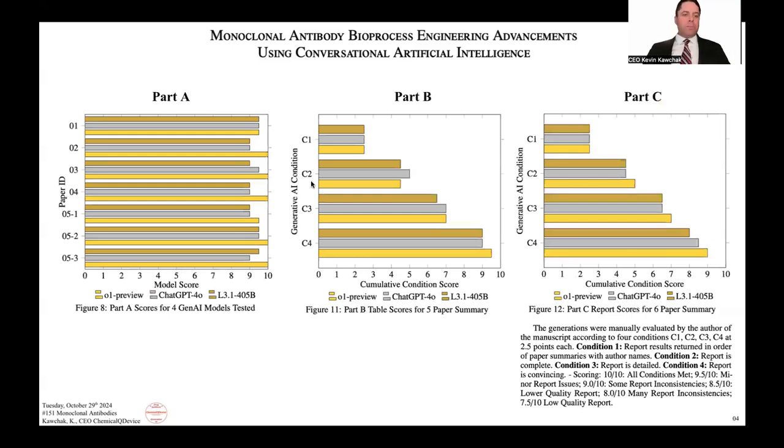So the specific parts here, the earlier parts, what's shown here is basically the very first step of part A, where it just gets the paper summaries. So when I judge these based on conditions, what I'll get to here is that you see in the progression that part B and part C didn't do as well, because it's based on 5 or 6 other papers.